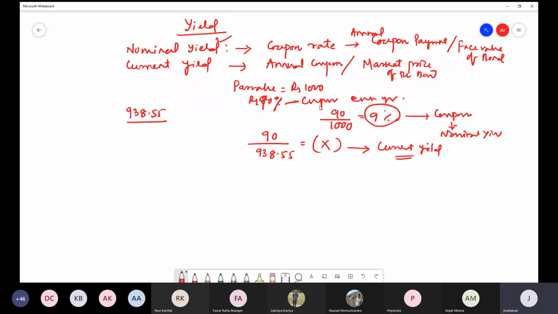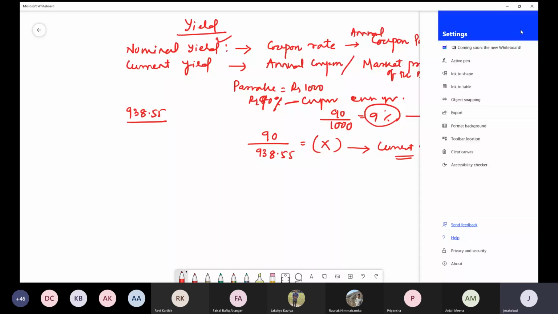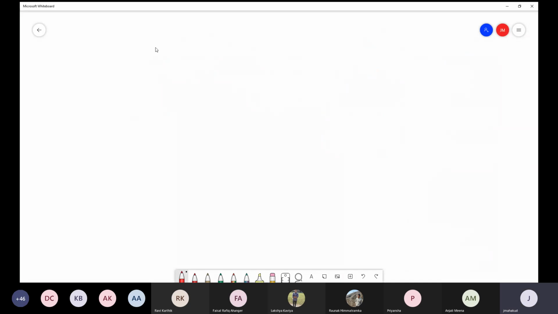But the most important yield in the bond market is the yield to maturity. So what is yield to maturity? I'll show you what we mean by it. In short, we call it YTM, yield to maturity.